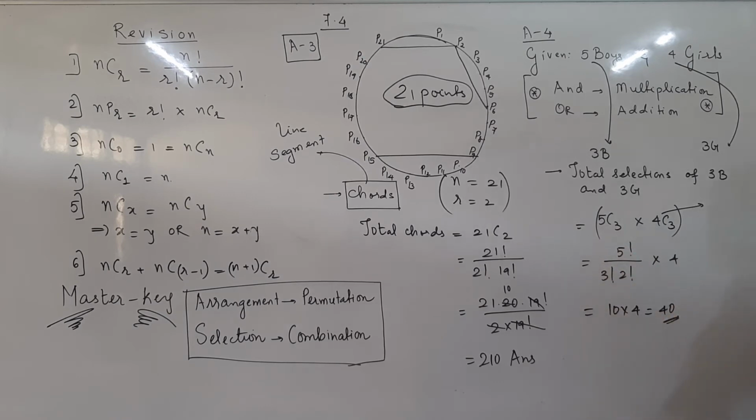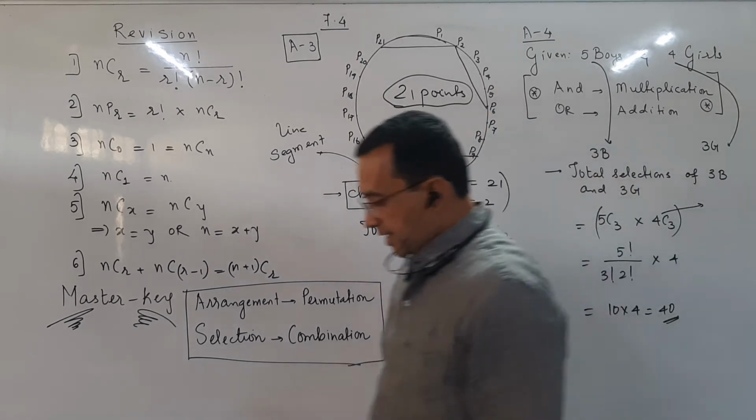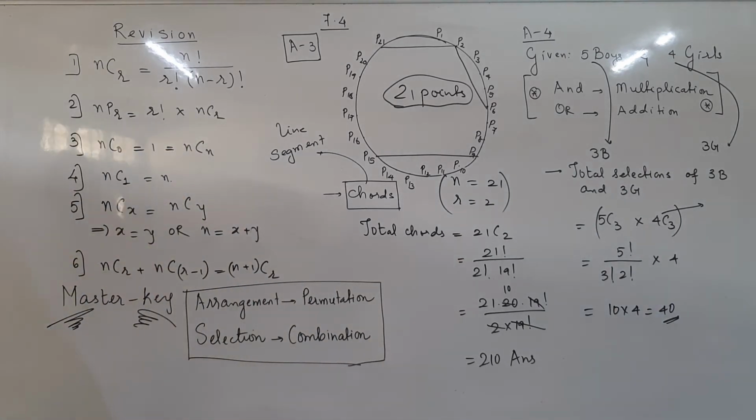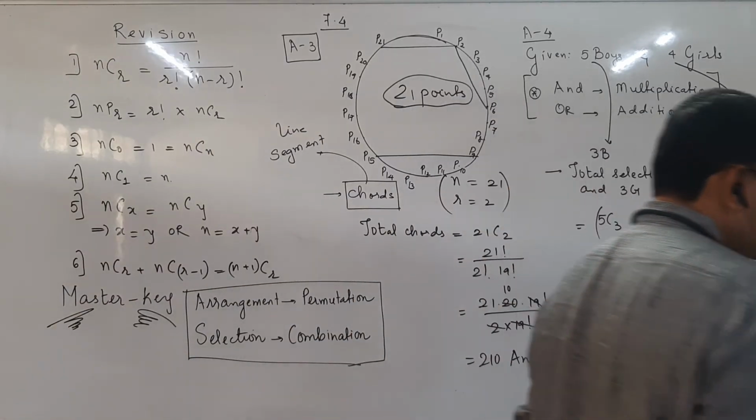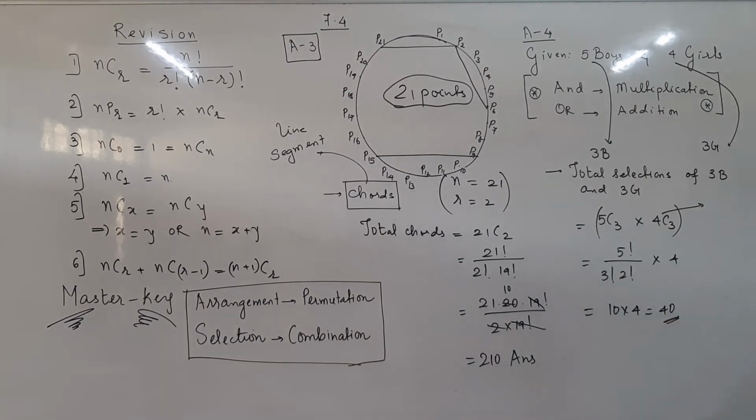So how many ways can 3 boys and 3 girls be selected from the given 5 boys and 4 girls? The answer is 40. So what is important in permutation? Order. What is not important in combination? The word order.